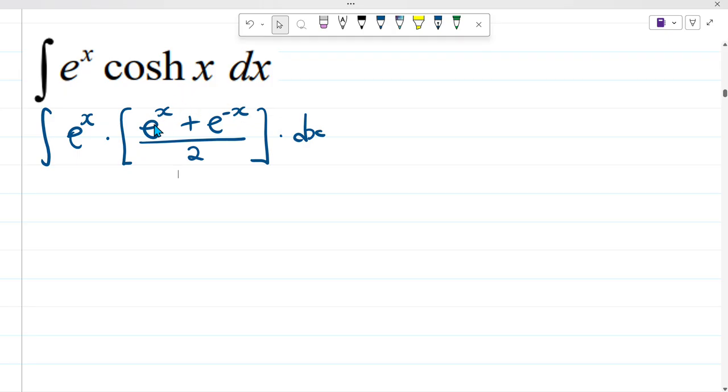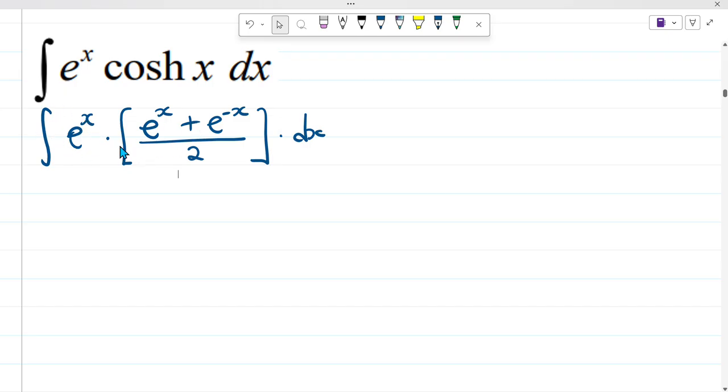If it was x squared, e to the power x squared plus e to the power negative x squared. So the exponents of this are dependent on the argument of that hyperbolic function. Makes sense.